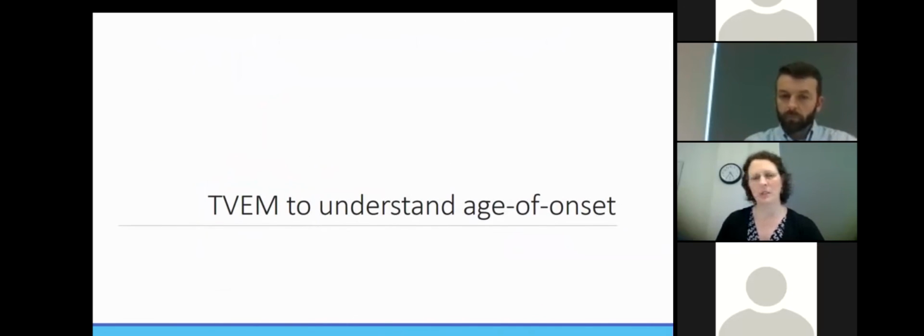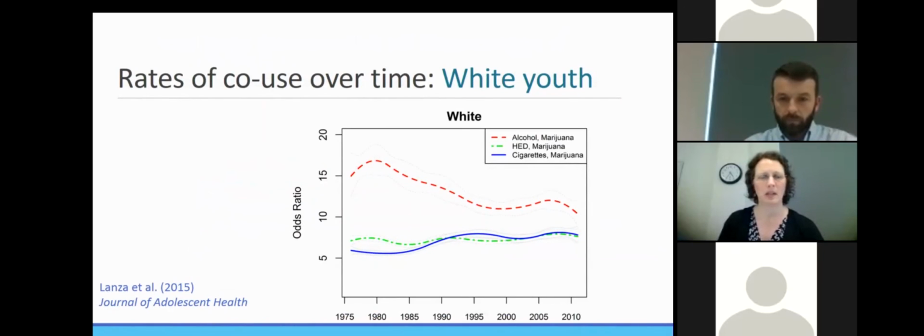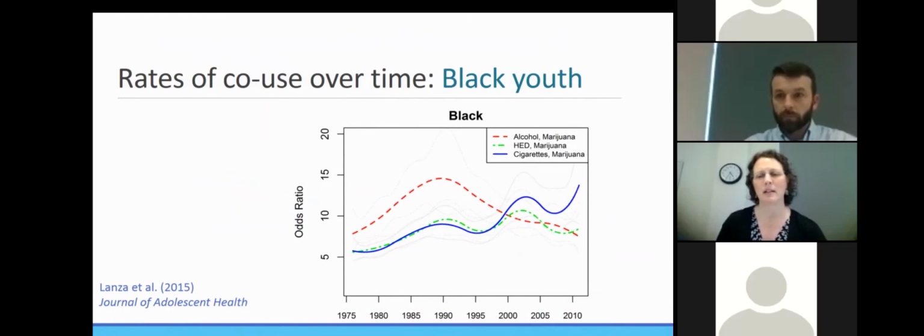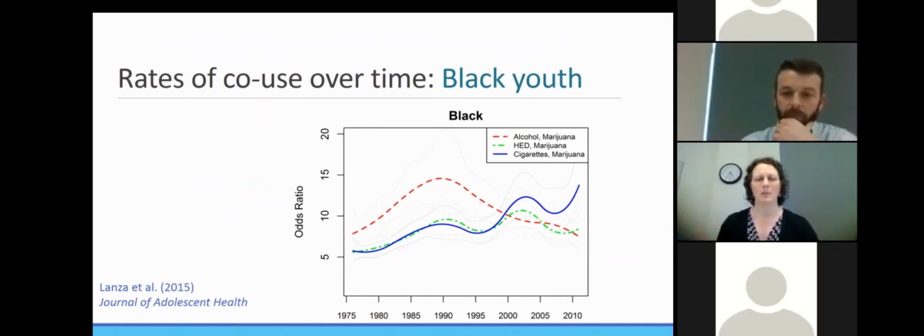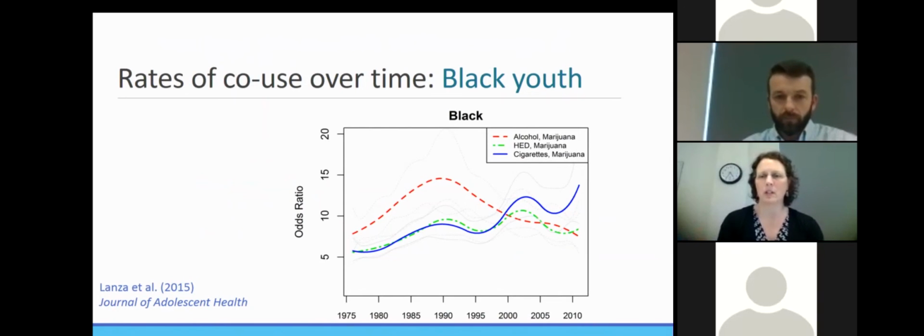And we talked just briefly about historical time. This is just some rates of co-use of multiple substances from 1976 to 2013.